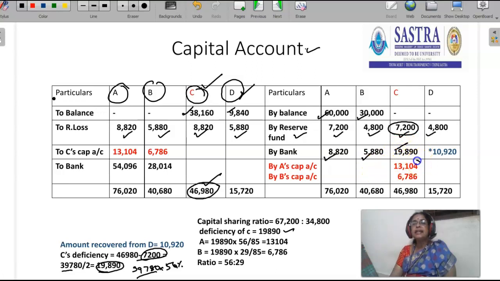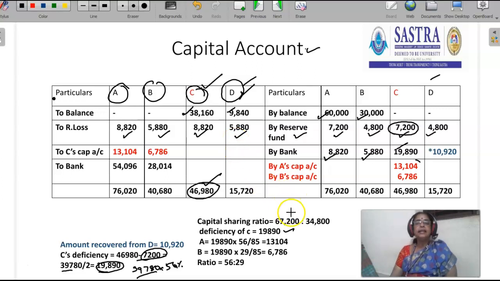The balance is 19,890. That is the deficiency of the insolvent partner C. We don't need to bother about D. Even though he has a debit balance, he is not declared as insolvent.